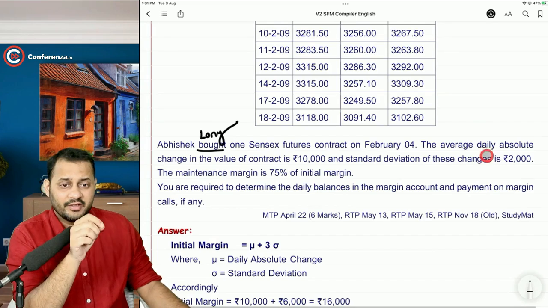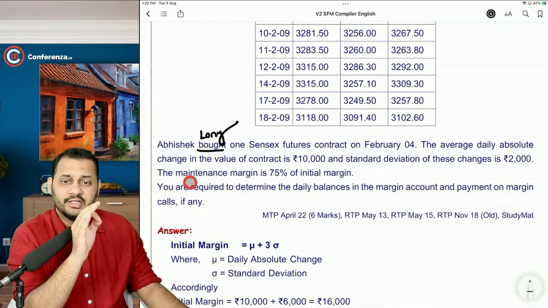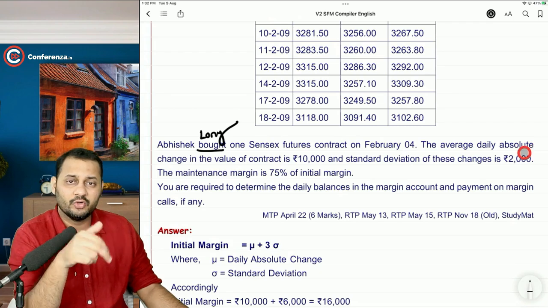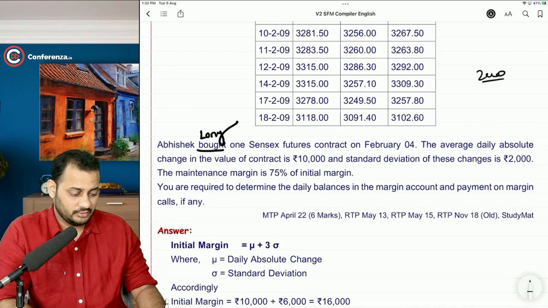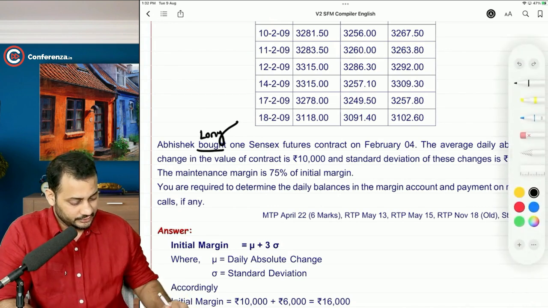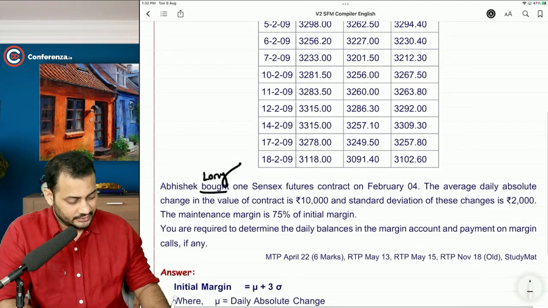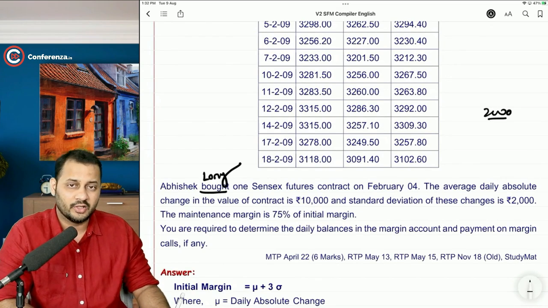Now, the average daily absolute change in the value. Absolute means it can go up and down as well. See, if I say that it is changing by 2000 rupees, that means it can go up and down as well.